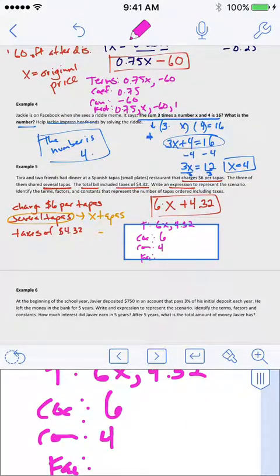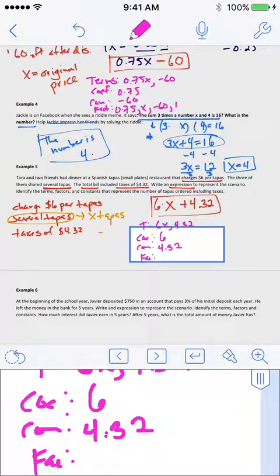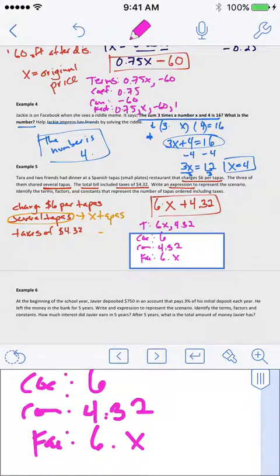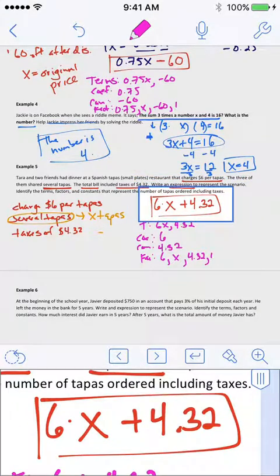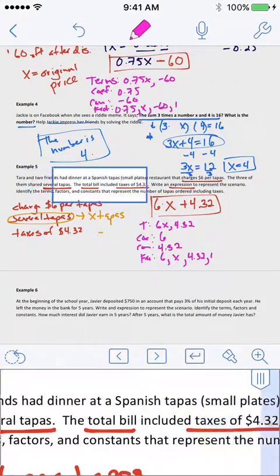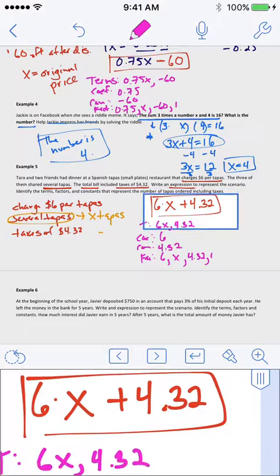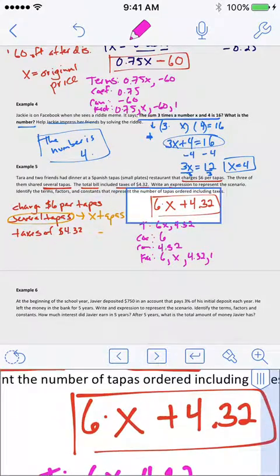Constant is the one that is unaffected, right? And the factors are 6, comma, x, and then 4.32, comma, 1. So 6 times x and 4.32 times 1. Alrighty. Hopefully this is starting to catch on a little bit. Notice the underlining saves you a lot of time. Defining your x also saves you a lot of time.